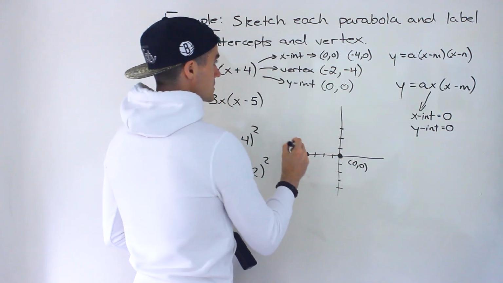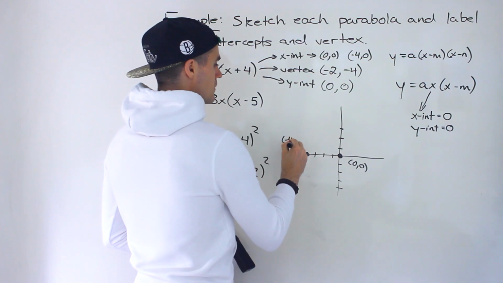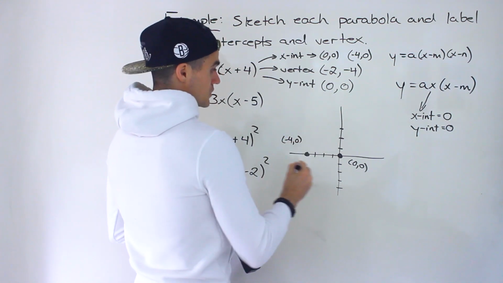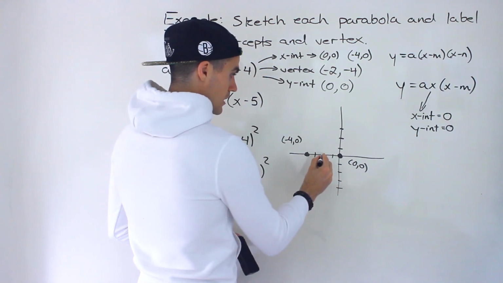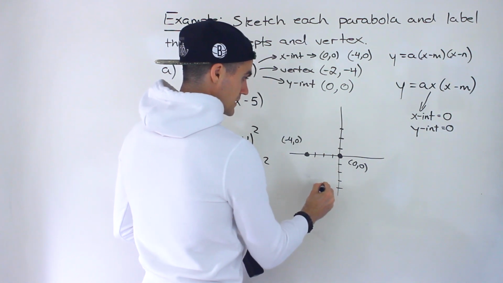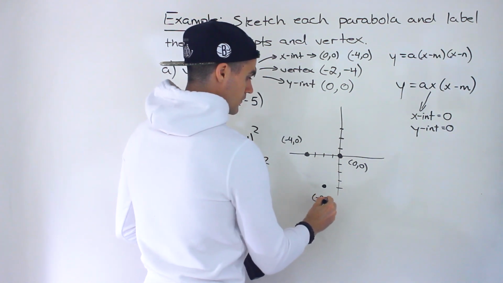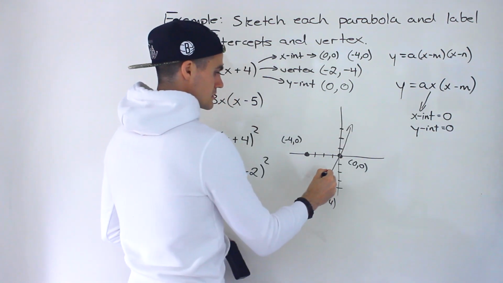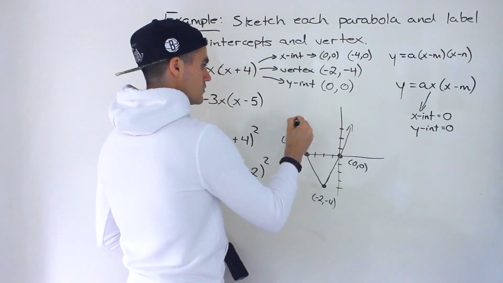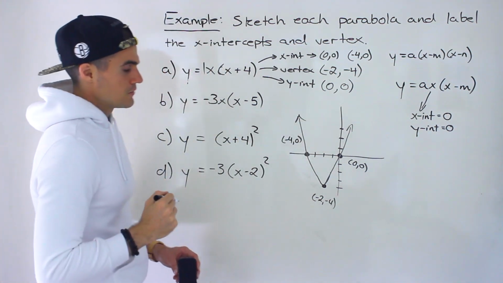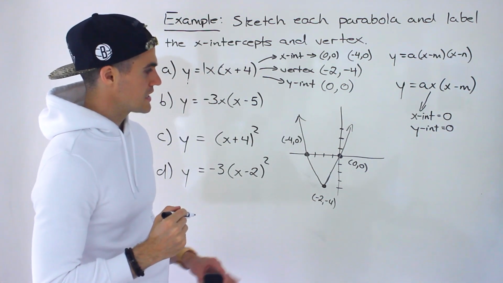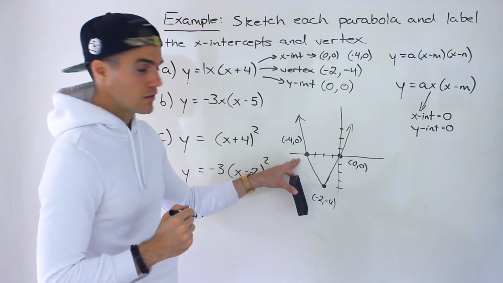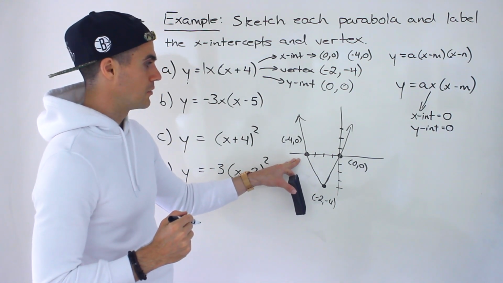We know the other x-intercept is -4 and 0. And then we have a vertex at -2 and -4, which would be down over here. And then we just connect these. This should be a little bit more like a U shape, but anyway, that ends up being the parabola.